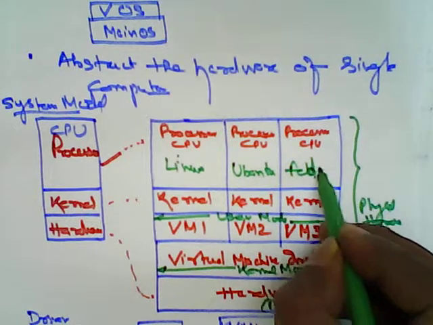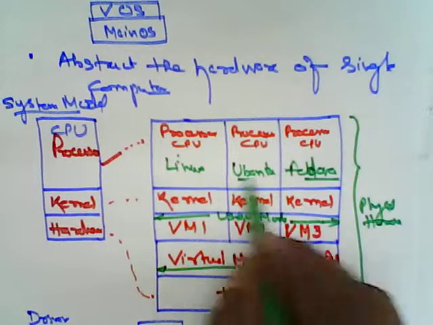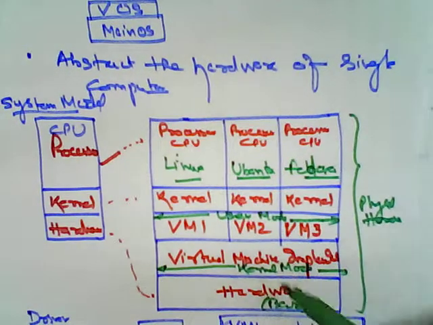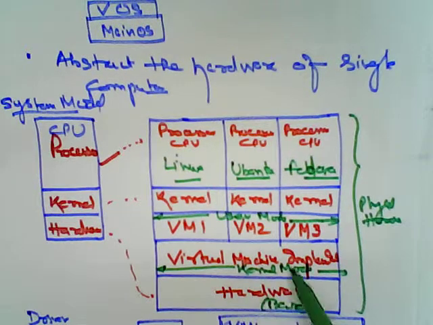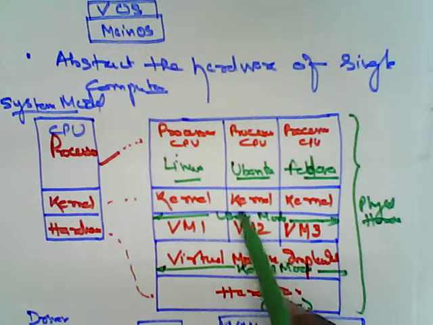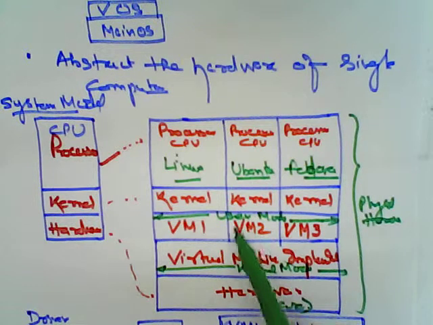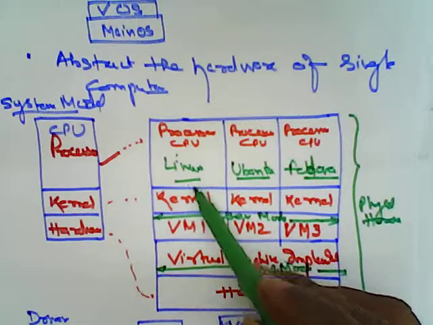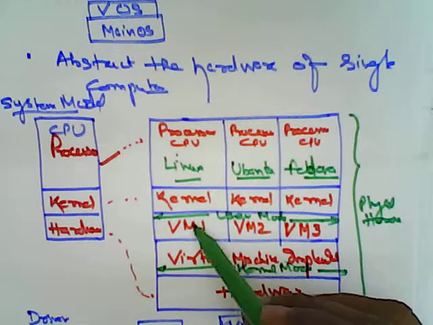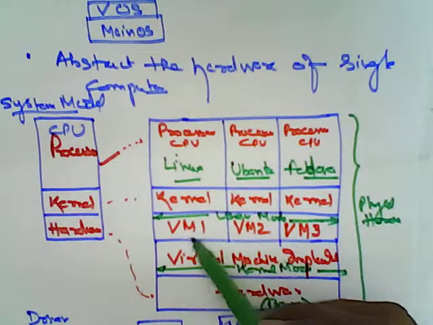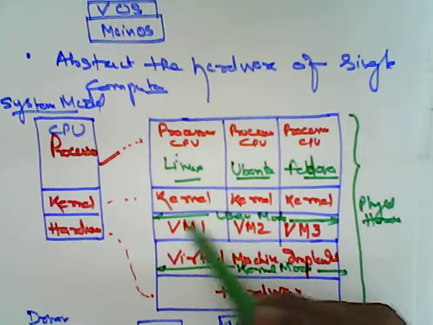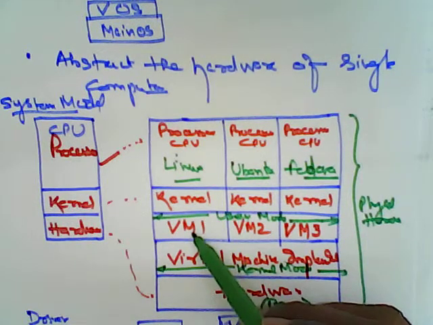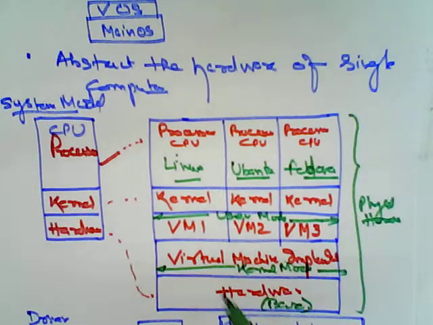So we need two parameters: one is the kernel mode, and what is the user mode? Based on the user applications, the processor will try to share its requirement with the virtual memory. And the virtual memory will interact with the kernel. The kernel is the main component which manages the resources.